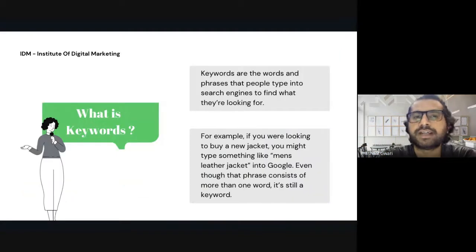Now, understand first what a keyword is. Possibly you think a keyword will be like digital or marketing, but there is something different to it. Keywords are the words and phrases that people type into a search engine to find what they are looking for. These days, if you want to do something, you don't type the domain name of any company to search for that.